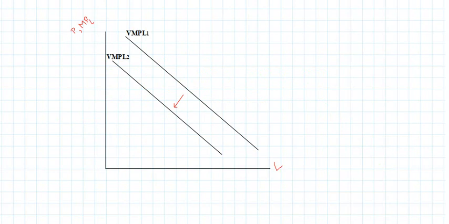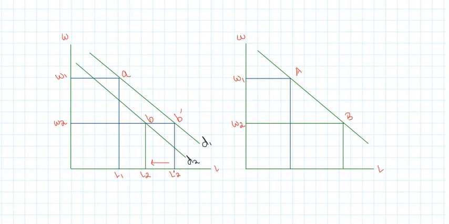This is reflected by a leftward shift of VMPL curve, as you can see in this diagram, from VMPL1 to VMPL2. Now, in other words, you can say that VMPL curves in general shift downwards. The new demand curve is that's why not D1 but D2.